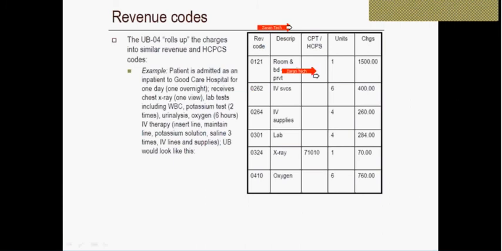Then if there is any HIPAA code associated with it, for example, your X-rays have a HIPAA code. And the quantity here: how many such supplies, 4 supplies, IV services 6 times, the bed is 1, and the charges appropriately. So it's always the rate times the quantity that gets you your charges. So this is just an example of how these revenue codes will lead up to the total charges.